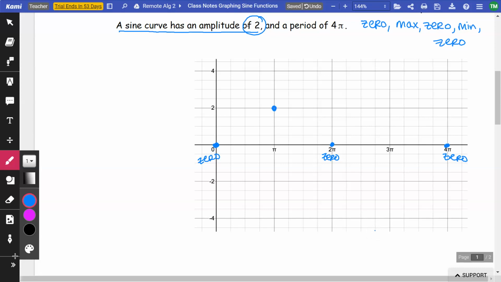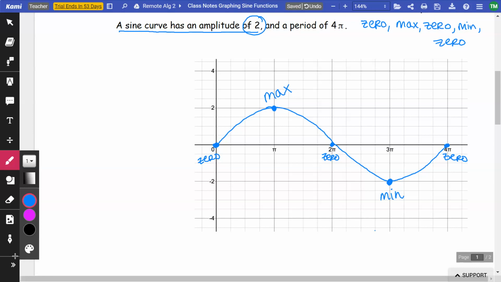And then the minimum between 2 pi and 4 pi happens halfway between 2 pi and 4 pi, which would be at 3 pi, and then it has an amplitude of 2, so it's going to happen at -2. And then sketch in your curve. Here's our maximum, here's our minimum.